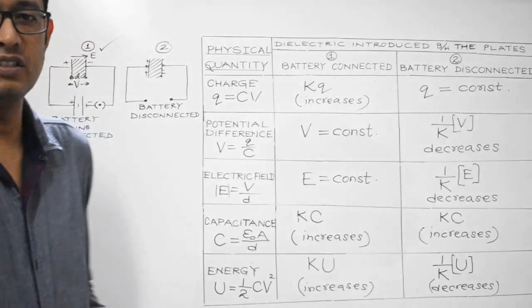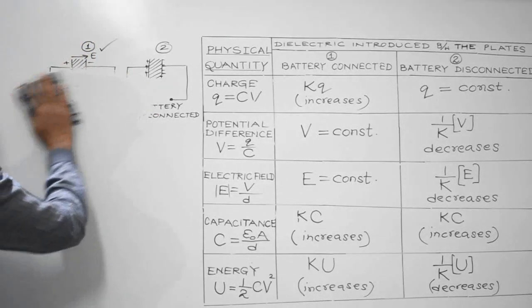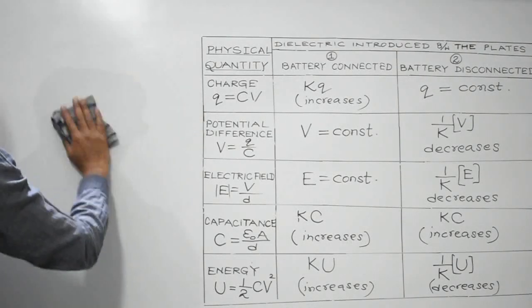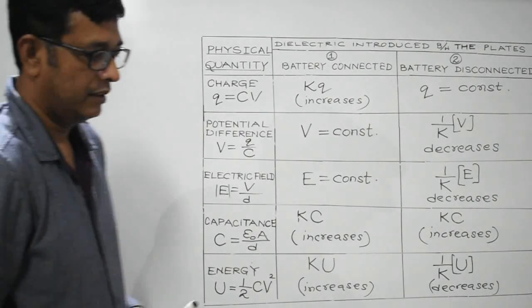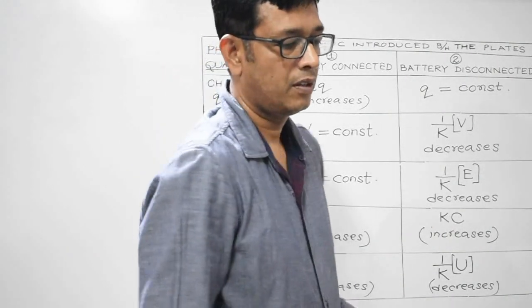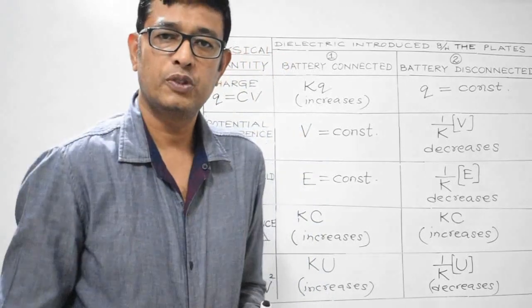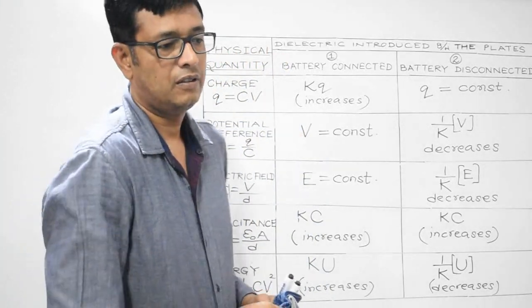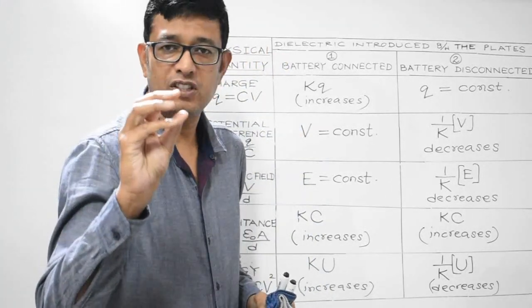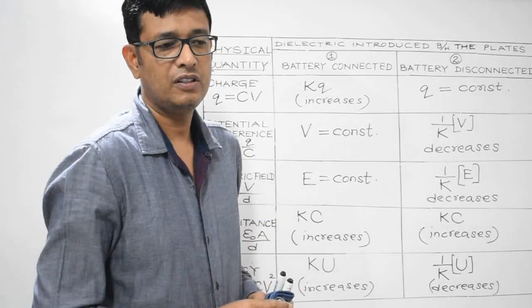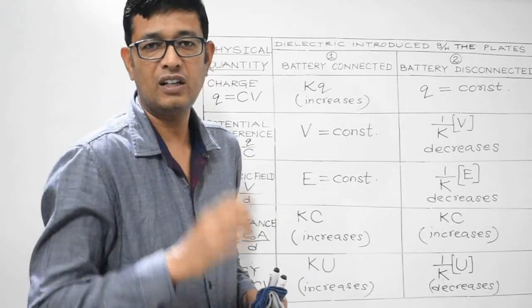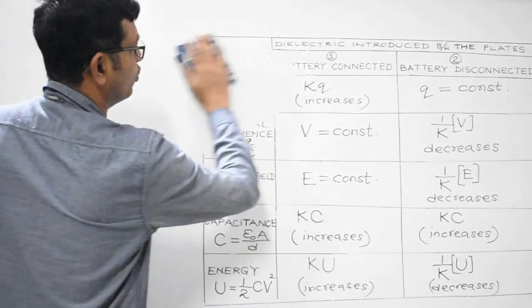Let's try some numericals, right? So what to do is, listen to the question. Let us consider small spherical drops. There are n such identical spherical drops, each of radius, say, r and carrying charge q.